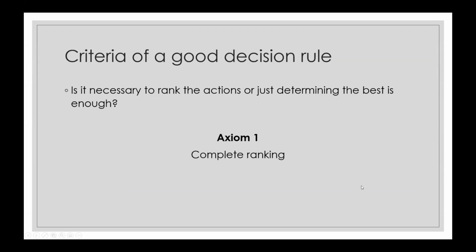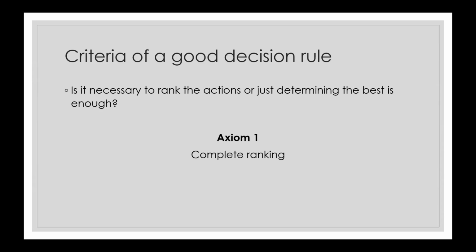Okay, so just a review, we have action one, complete ranking. So this means that our decision rule, so when I say decision rule or method, I refer to those methods that we discussed about choosing that can help us choose the best option or the best action. Just to avoid confusion, I will use the word rule to refer to those techniques.